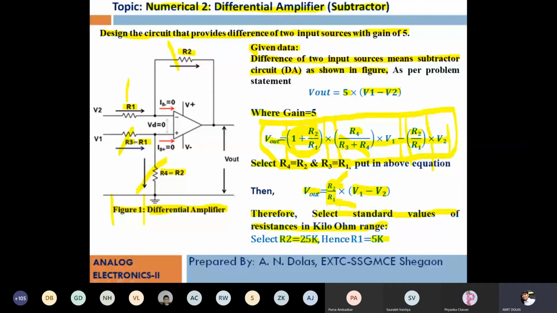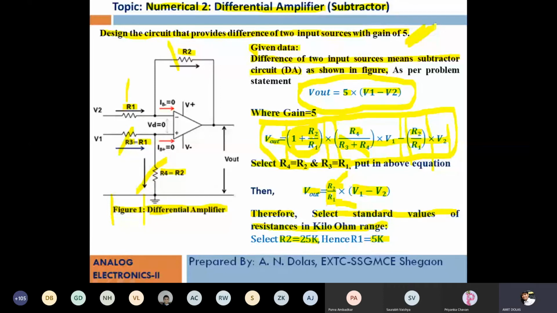There will not be a unit for the gain. So it will be simply 5, and we get the final equation 5 into V1 minus V2. So this is how we have solved this problem statement, which is the design of the difference of 2 input sources with a gain of 5. So this was the second design numerical.